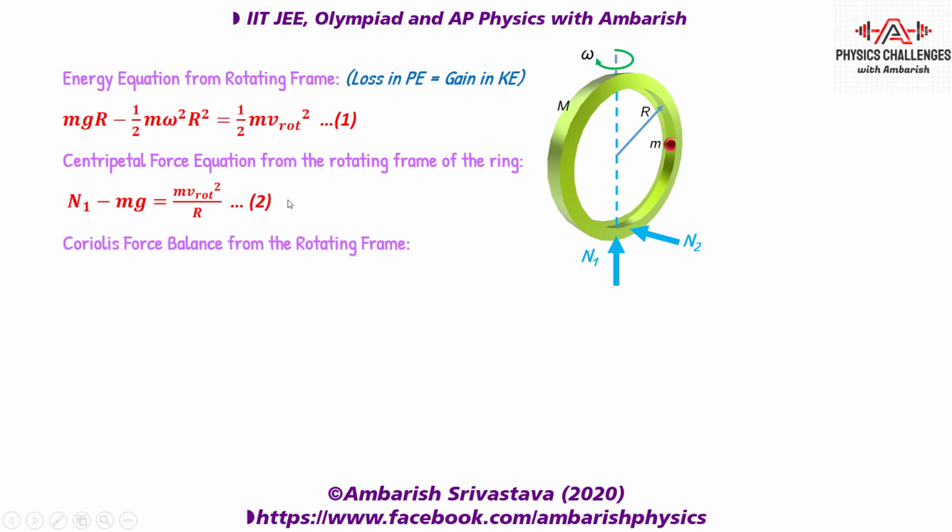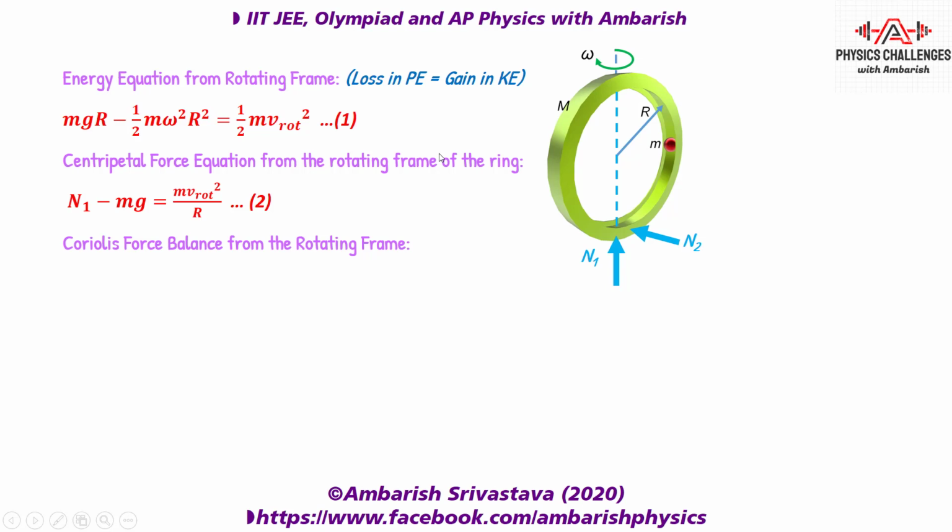Then we can also see that when the bead comes over here, the velocity is slightly to the left like this, and the omega vector is like this. So you can calculate minus 2m omega cross v. This bead is going to experience a sideways force, so it will be pressing against the wall of the ring, and that force has to be balanced by the normal reaction from the ring.